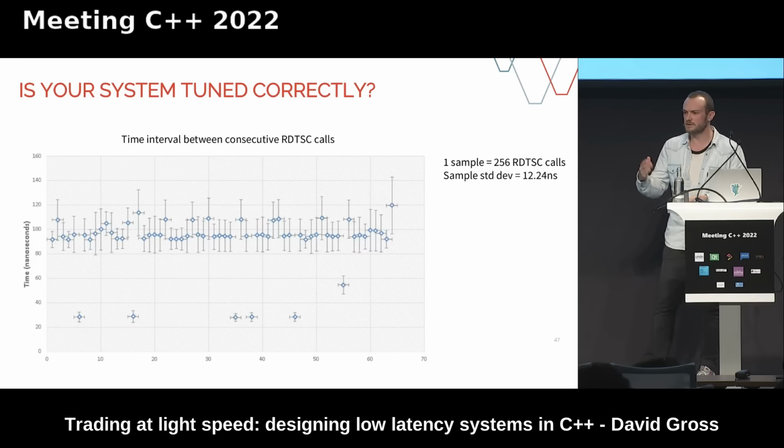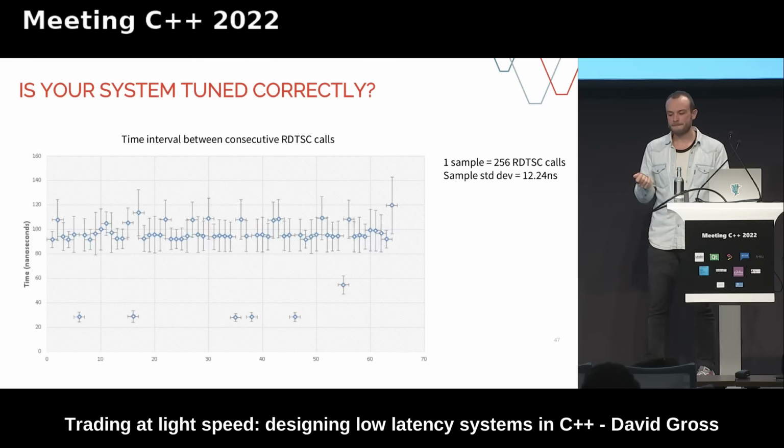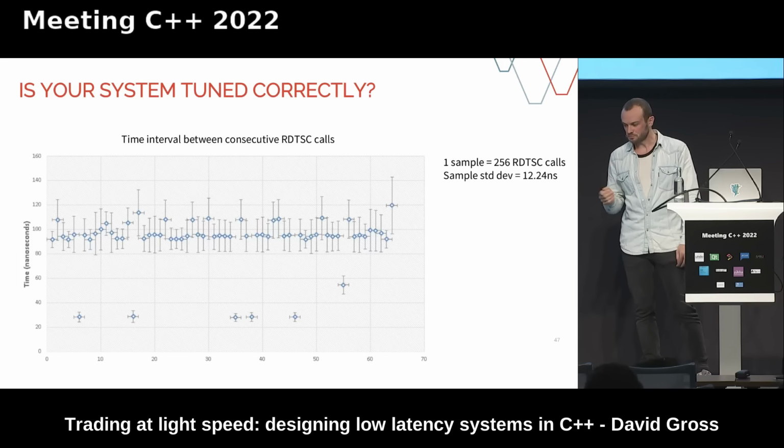So we are reading this clock 256 times here, and then we are plotting the distribution. We are plotting the latency and also the standard deviation. What we see on the graph is that we have roughly 5 or 6 buckets of latency, and quite a high standard deviation.